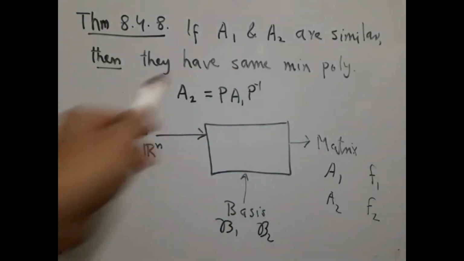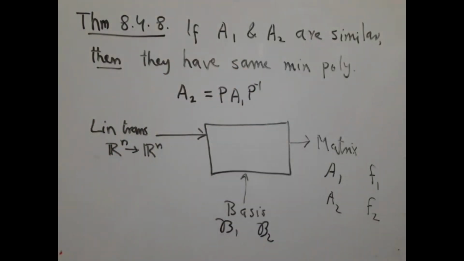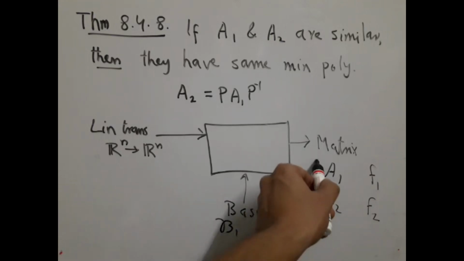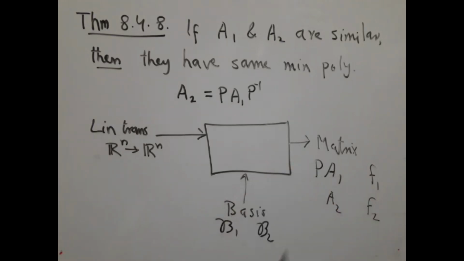Now, what does this have to do with this? Because every time you change your basis, this matrix changes in a particular way, and that particular way is it gets pre-multiplied by some non-singular matrix. This non-singular matrix depends on what basis you were working with and what basis you are changing to.